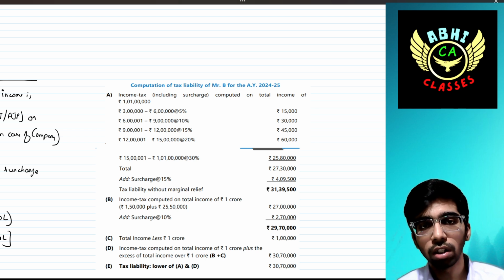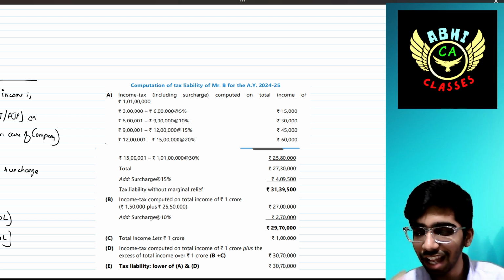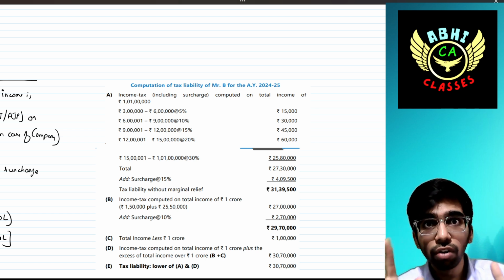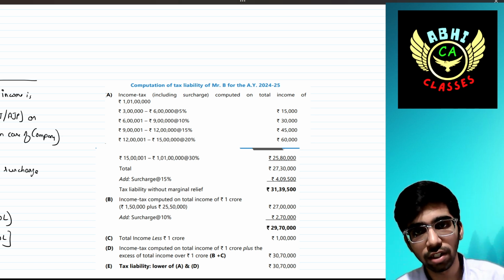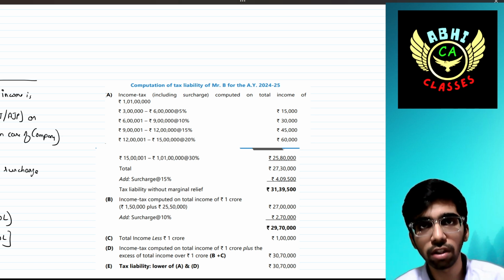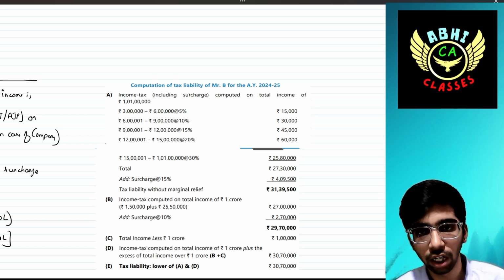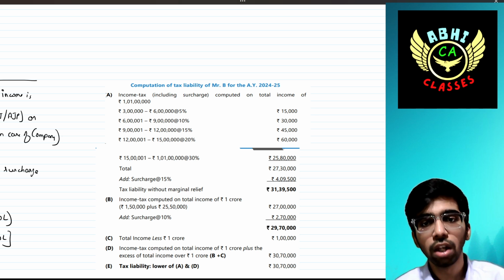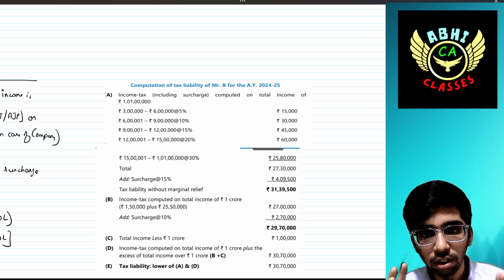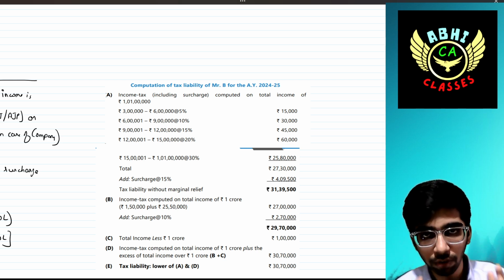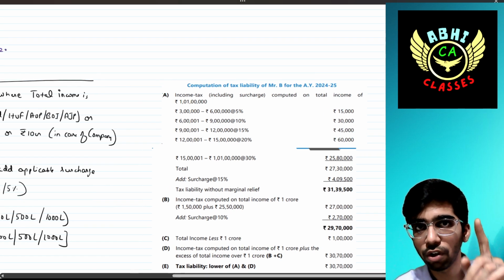Then the tax is 25 lakh 80,000. The total tax amount is 27 lakh 30,000. But surcharge is 15%. If you add the surcharge on 27 lakh 30,000 at 15%, it is 4 lakh 9,500. If you add all three, 31 lakh 39,500 is the tax amount that I need to pay to the government. This is the first step.